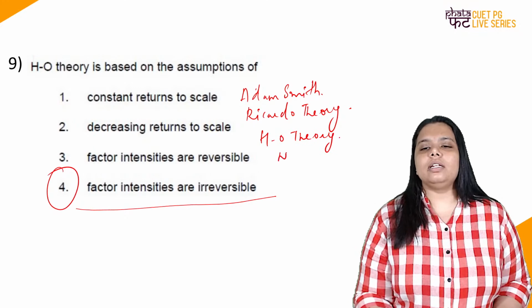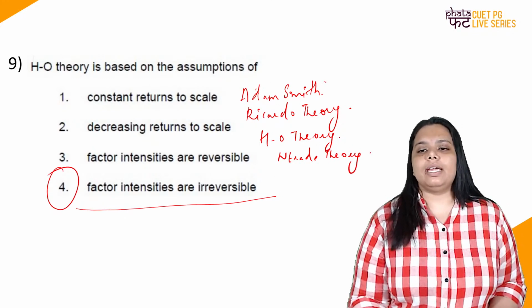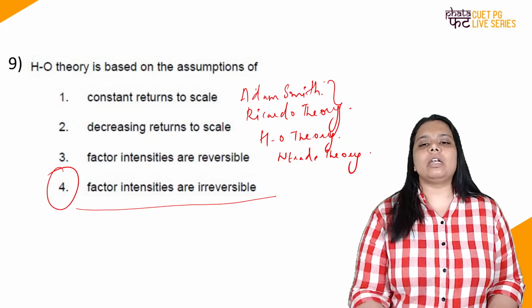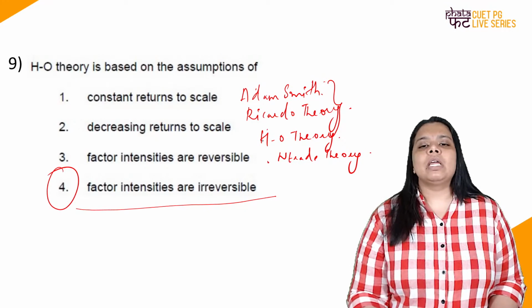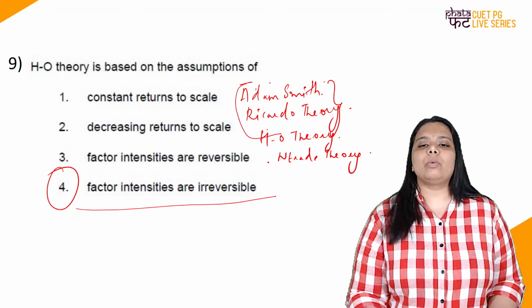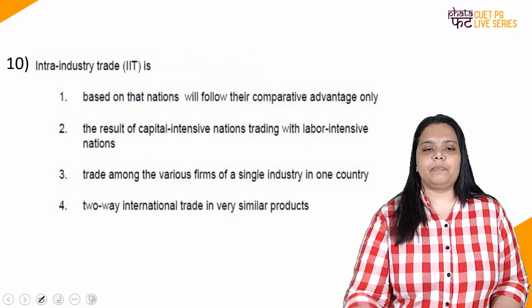New trade theory is not that commonly asked, but these three are commonly asked in the CUET PG entrance exam. Almost in every entrance exam you can find at least one question from each of these. So always make sure that you cover these three. Anyway, you will get questions from these three theories in international economics.